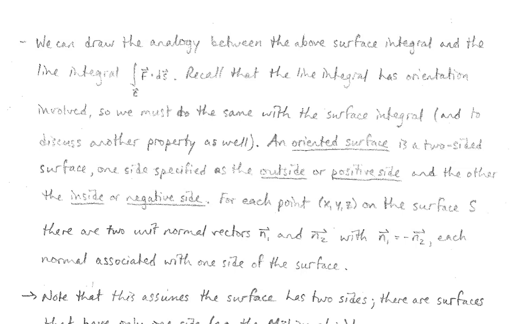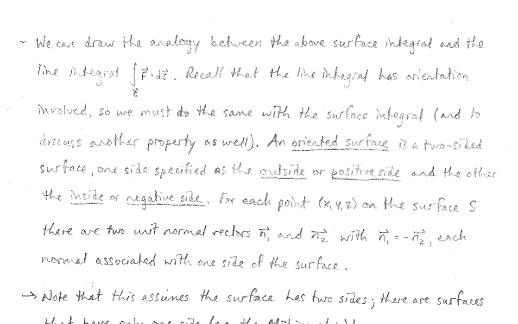So an oriented surface is a two-sided surface. One side of this surface is specified as the outside, or the positive side, and the other side of the surface is called the inside, or the negative side. For every point that lies on this surface, there are two vectors that are normal to it, and these are vectors of length 1, so they're unit normal vectors.